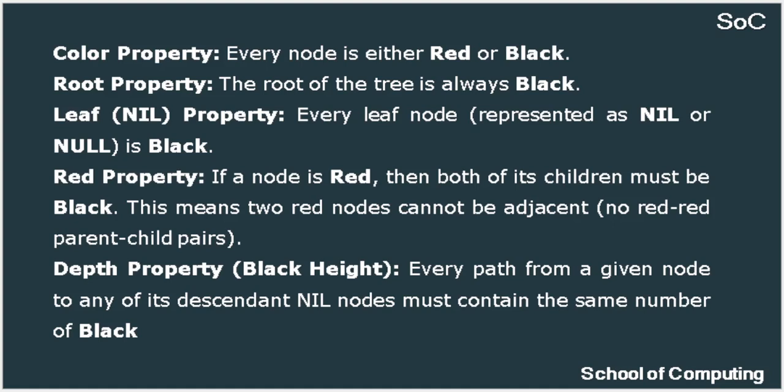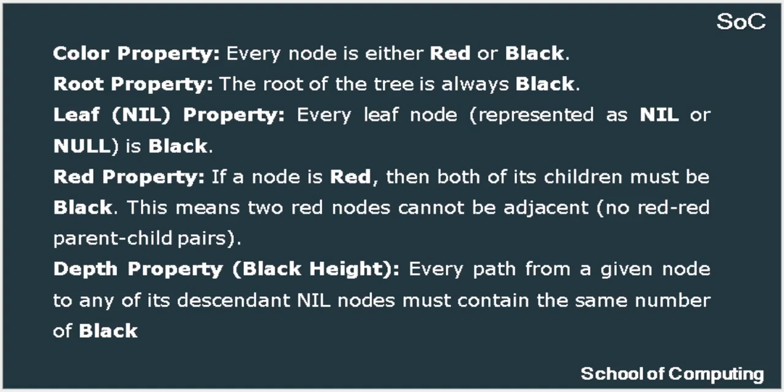Leaf nodes represented as nil or null are also black. The point to be noted is, here the null node means the node which does not even exist. Leaf node means a node without any children. So the so-called leaf node whose children do not exist, we call them null nodes, and null nodes are treated as black.